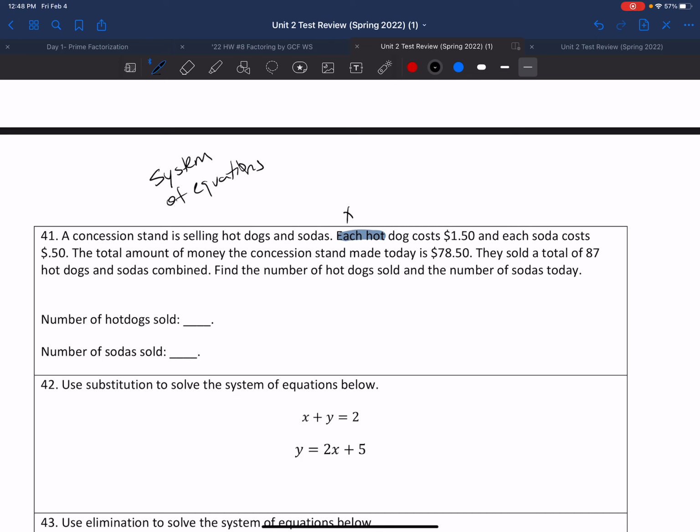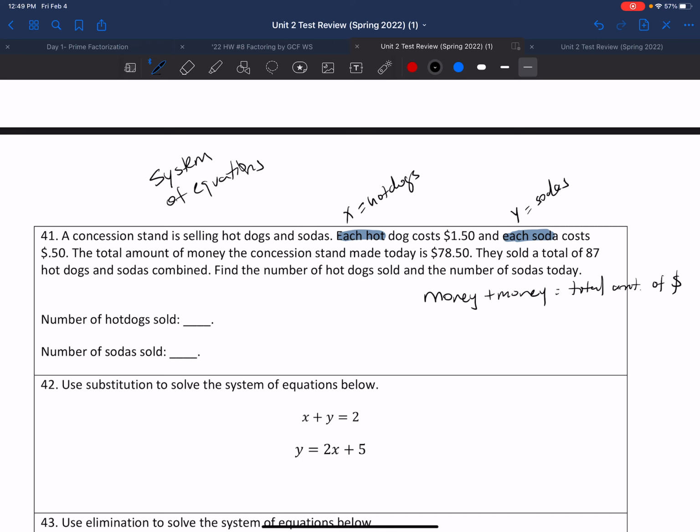My other key word here is each soda. I don't know how many sodas I'm dealing with, so y represents sodas. So x represents the hot dogs and y represents the sodas. And how am I going to set up this equation? It says each hot dog costs $1.50 and each soda costs 50 cents. So remember, that's just saying money plus money is equal to the total amount of money.